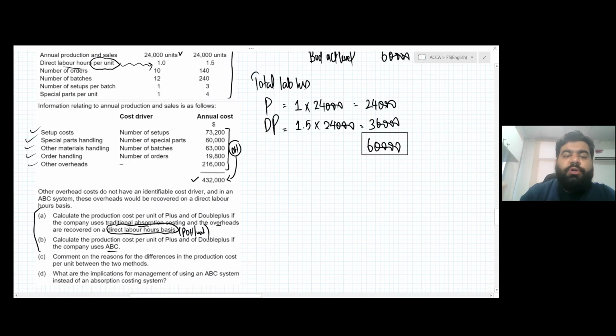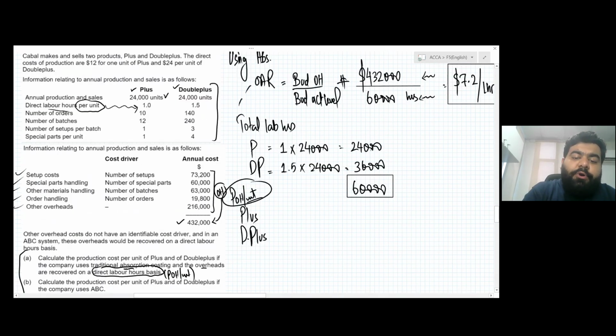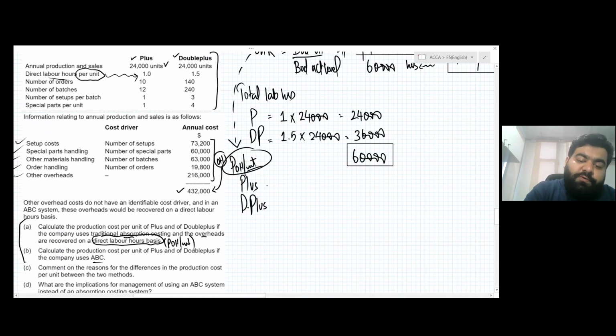Now there are two units, plus and double plus. For both, we have to calculate the production overhead per unit, because the purpose of the OAR is just to calculate the production overhead per unit, which we are going to calculate now. So for plus and for double plus, how will we calculate it?